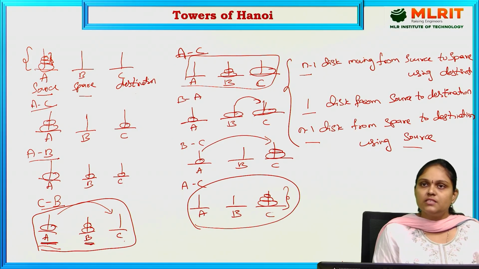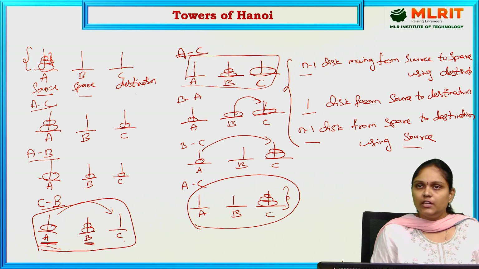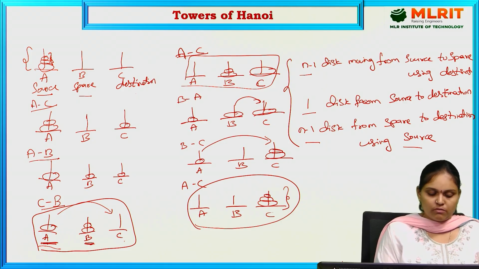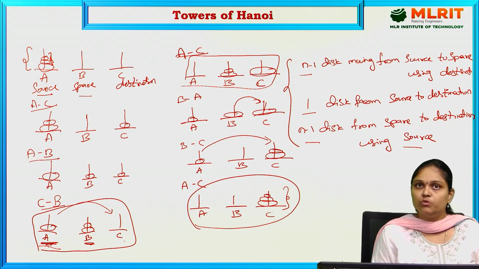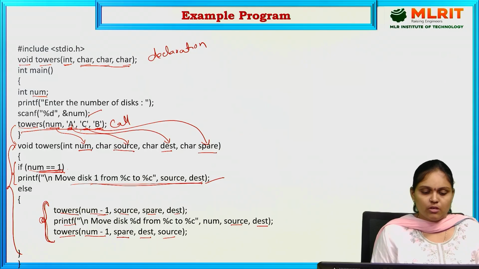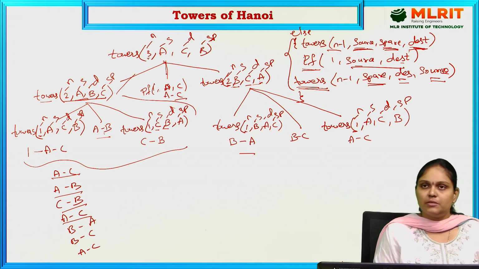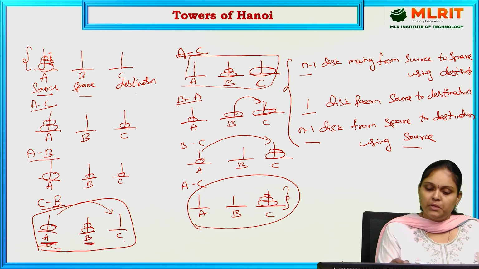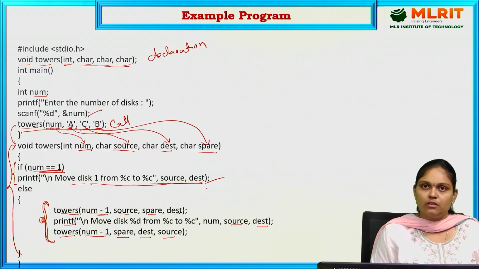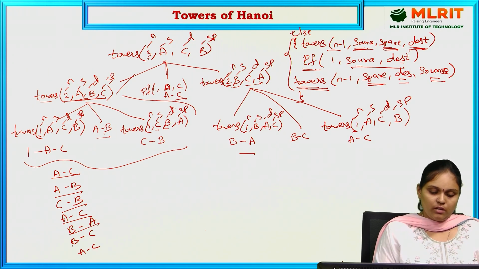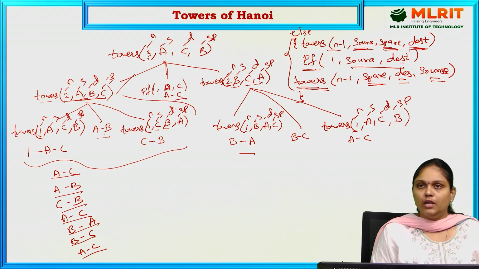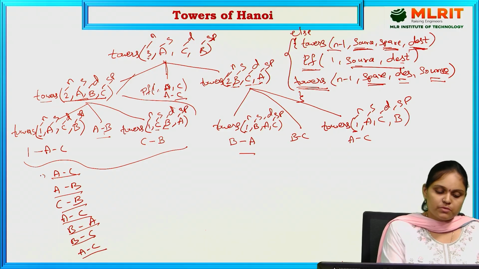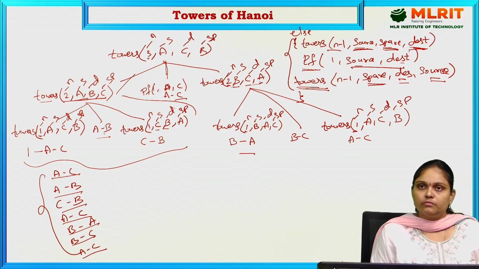And next statement is A to C. The smaller disk that we are moving from source to the destination. The remaining leftover larger disk that we have, we are moving from source to the destination. So here next is A to C. And next we have some moves like B to A, B to C and A to C. So you can see here B to A, B to C and A to C. So these are the number of steps that we are moving from one pole to another pole to reach our target.